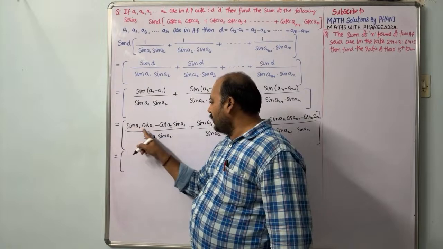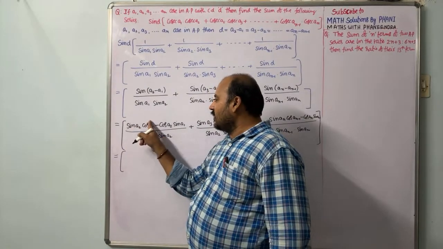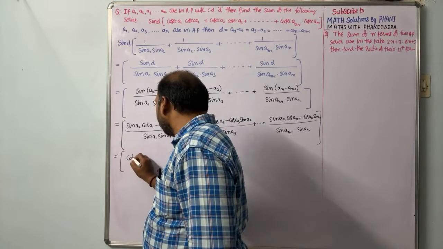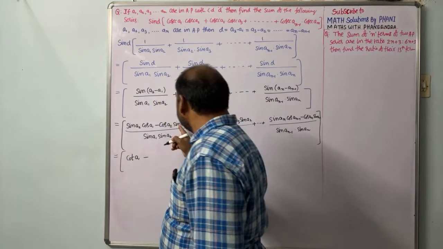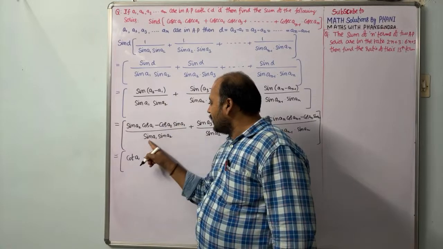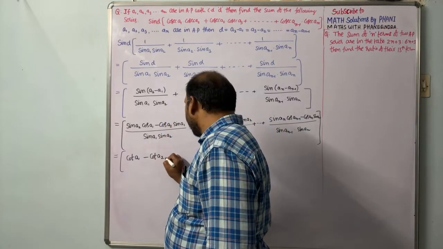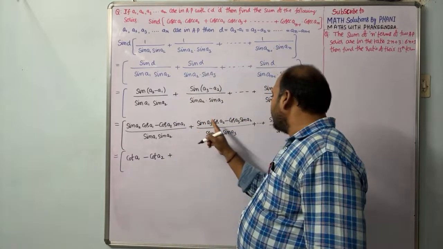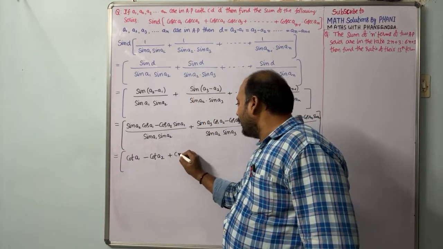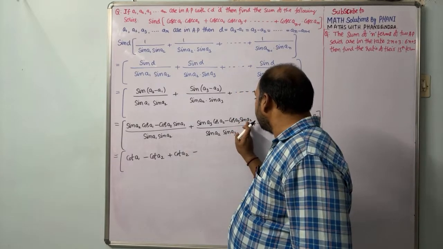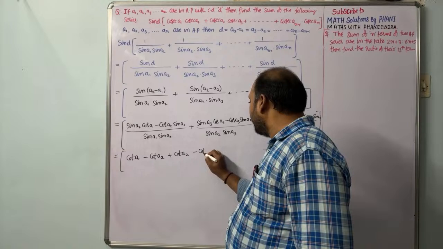So sin A2 gets cancelled. Cos A1 by sin A1, so cot A1, minus, sin A1 cancels, cot A2, plus here sin A3 cancels, cot A2, minus sin A2 cancels, cot A3.